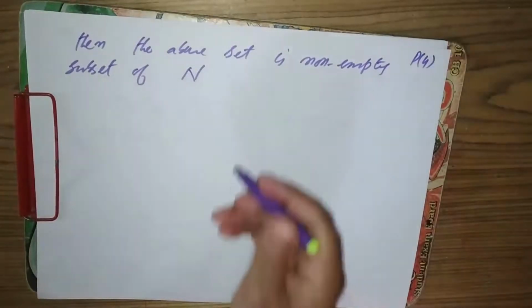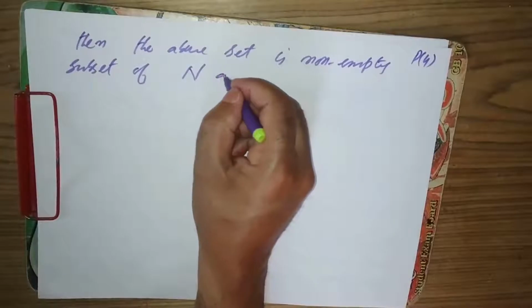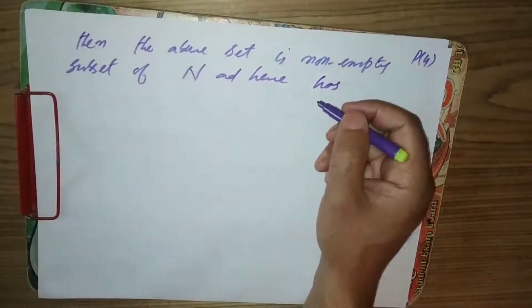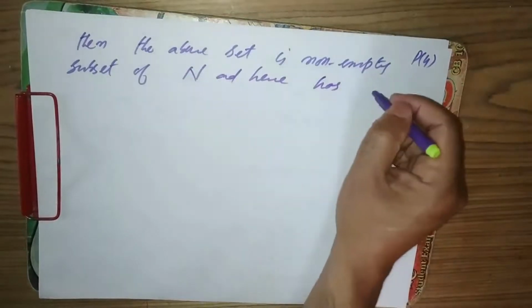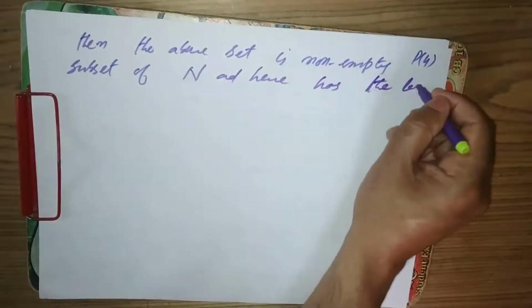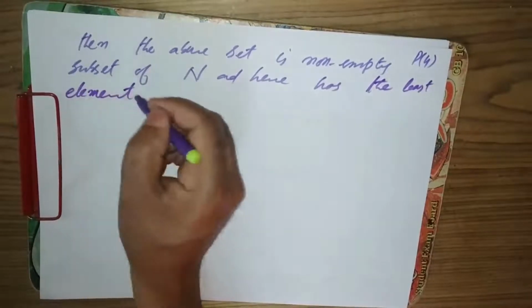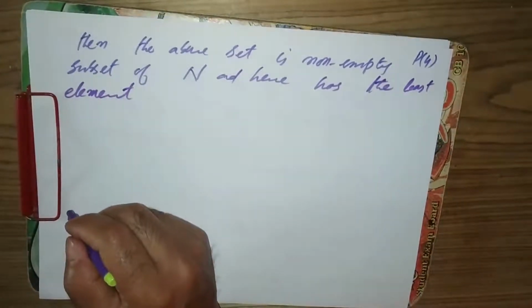So if it's a non-empty subset of the set of natural numbers, then this set must have a least element or a minimal element. So hence it has the least element.